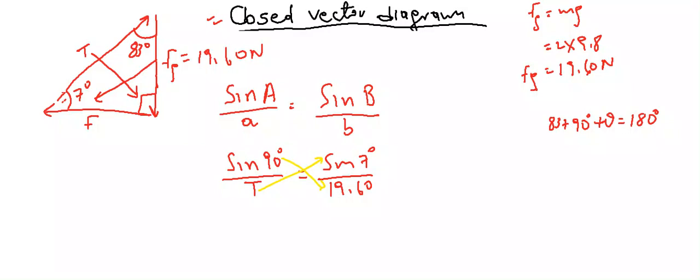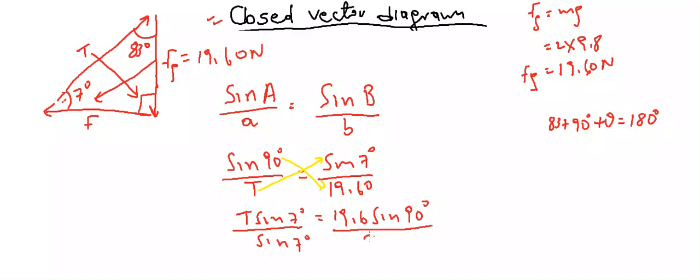So we have T times sine 7 degrees, which is equal to sine 90 times 19.6, which is 19.6 sine 90 degrees. Then we divide by what we want to remove on the left side. We don't want sine 7 on the left side.